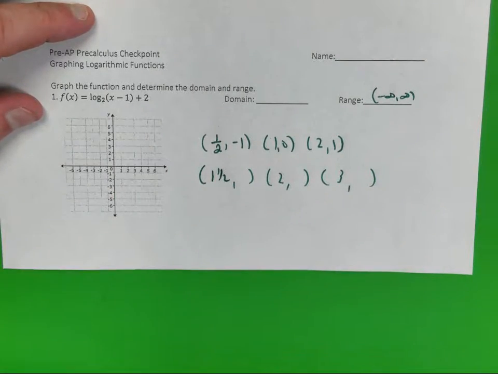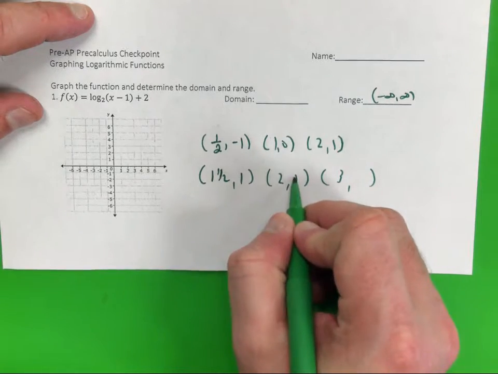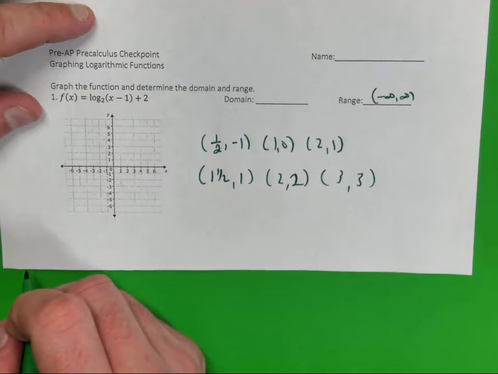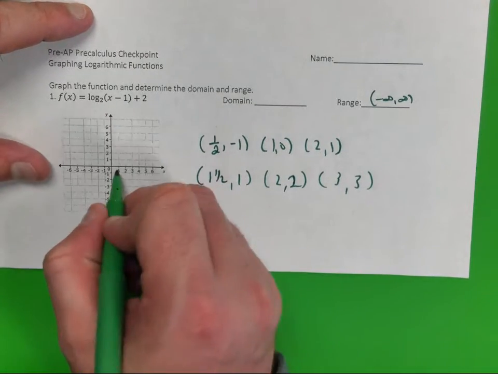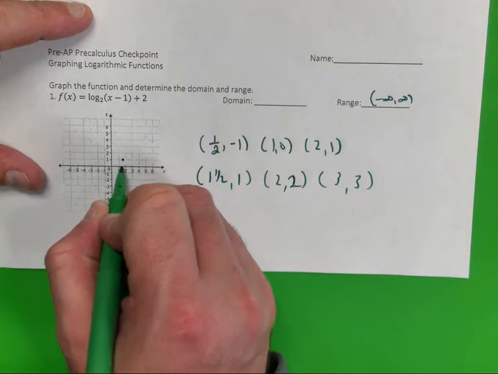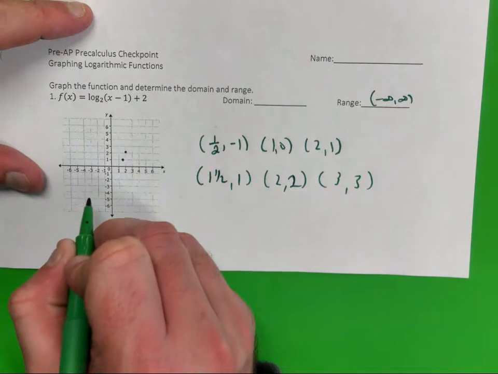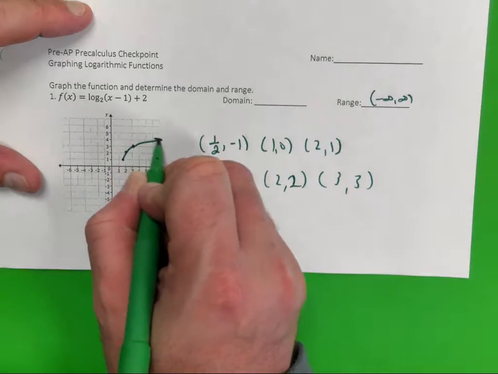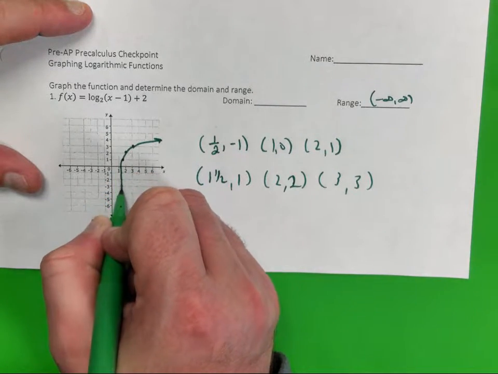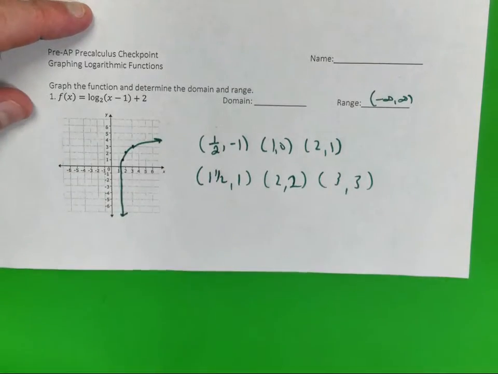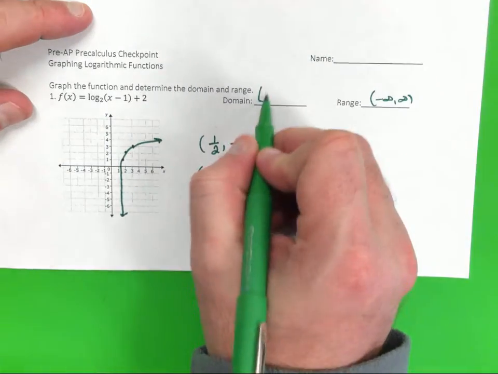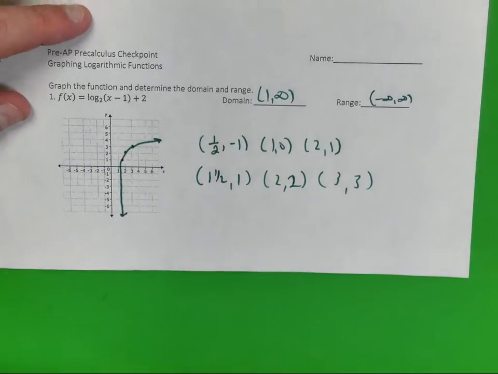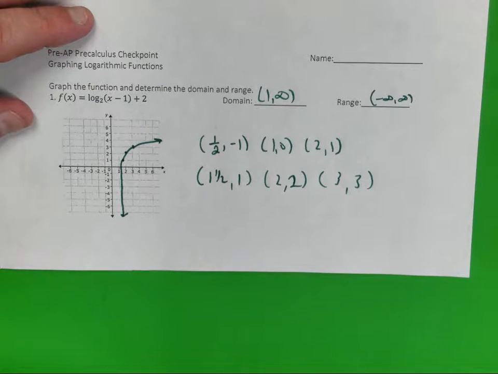I'm going to do what? Add 2. And those would be the points I graphed. 1 and 1/2, and 2, 2, and then 3, 3. I don't need to go past what number here? 1, because I moved it over 1. So my domain will be 1 to infinity. Does that make sense? Are we good on those?